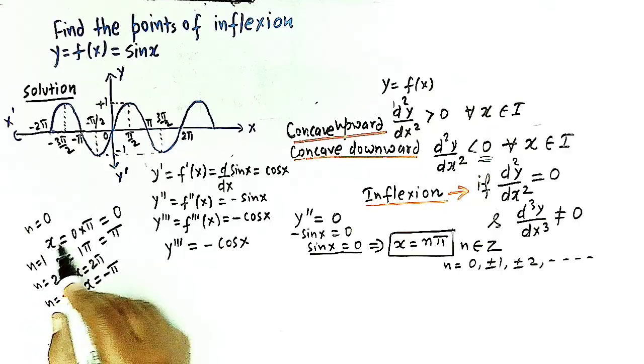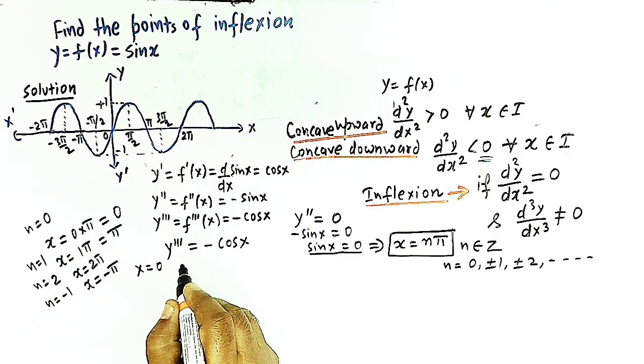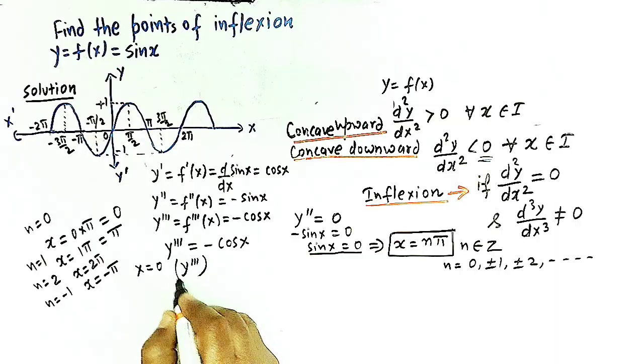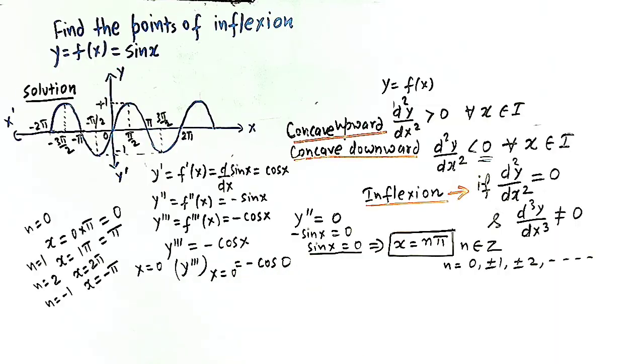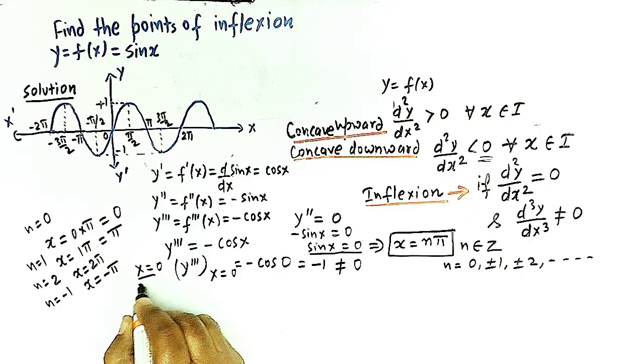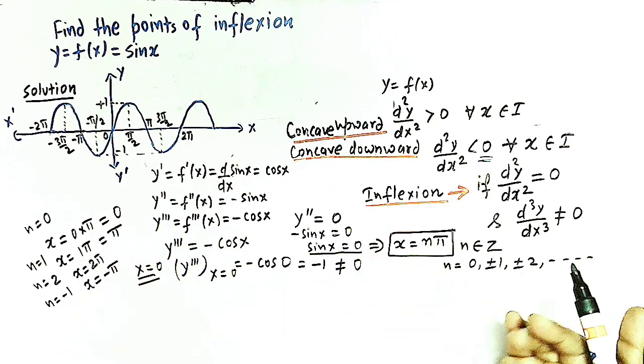So for x is equal to 0, we have the third derivative, that is minus cos 0, right. So taking x is equal to 0, here we have cosine 0 is 1, so we have minus 1, which is not equal to 0. So x is equal to 0 is one point of inflection, right.